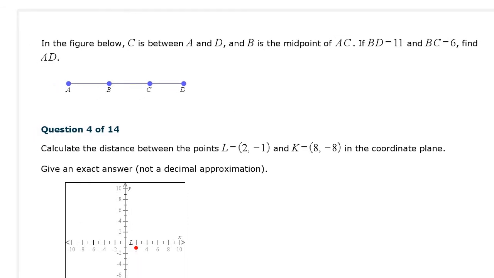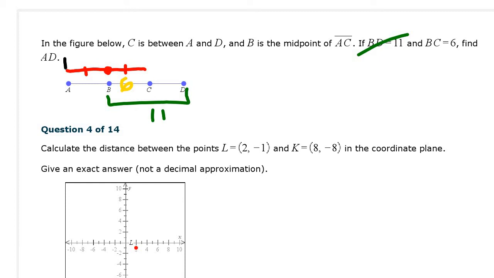Says right here that C is between A and D. B is the midpoint of AC. So if you go like this to AC, B is the midpoint. That means these two pieces are equal. B to D is 11. B to C is 6.